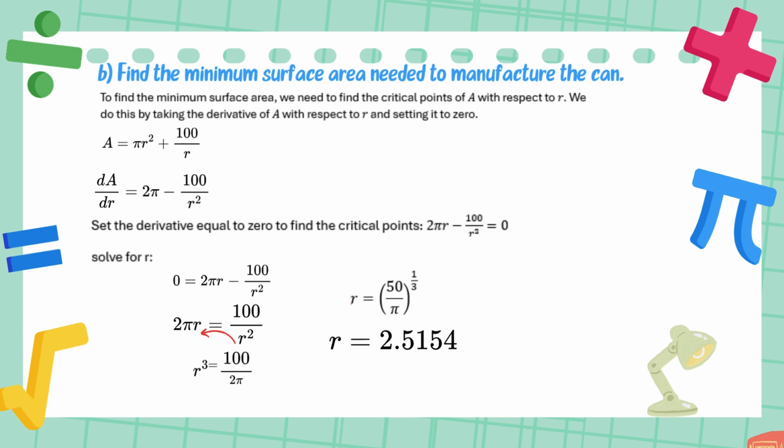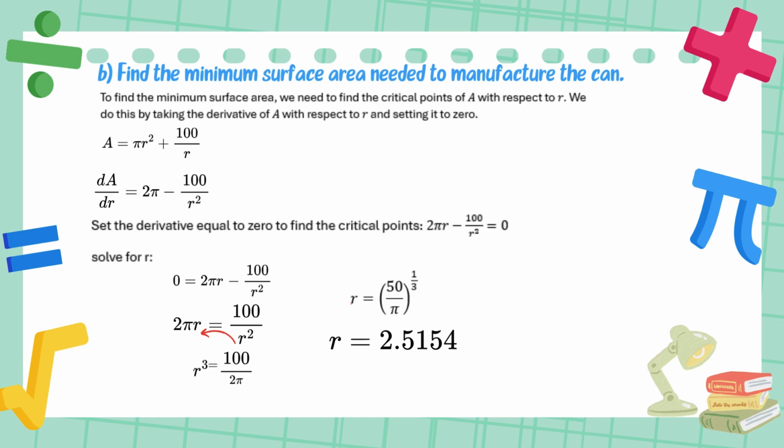To find the minimum surface area, we need to find the critical points of A with respect to r. We do this by taking the derivative of A with respect to r and setting it to 0. The surface area A of the can includes the bottom and the side, a rectangle wrapped around the circle. Using the volume constraint, we express the height in terms of the radius r.